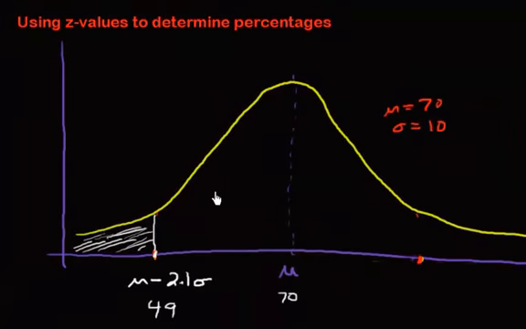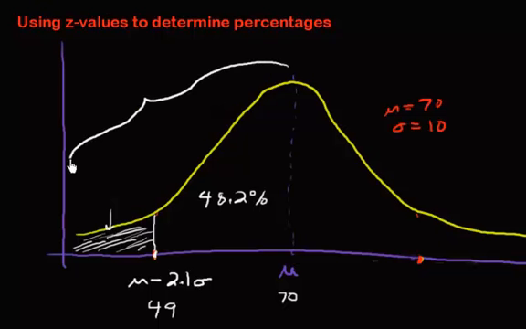But where does that 48.2% go? It doesn't go here, it doesn't go there. It goes here, 48.2%. So you might be thinking, how do we find this region? Well, it's really not that hard. Remember that one of the characteristics of a normal curve is that the mean, median, and mode are all the same, and that it splits the normal curve in half, which means this entire side here is 50%, and this other side over here is 50%.